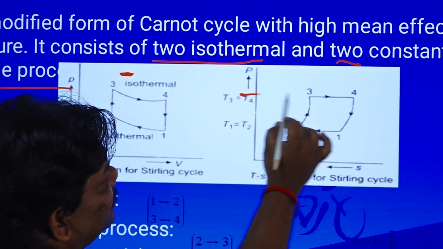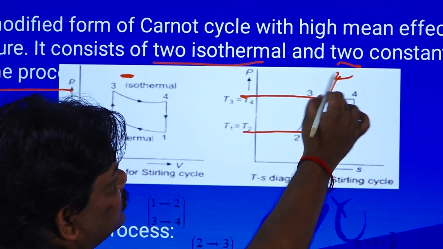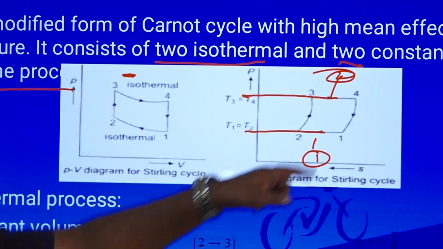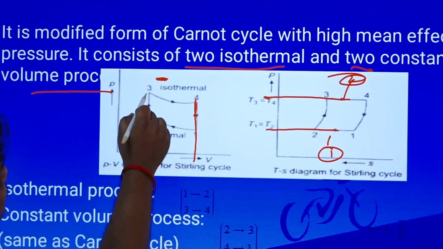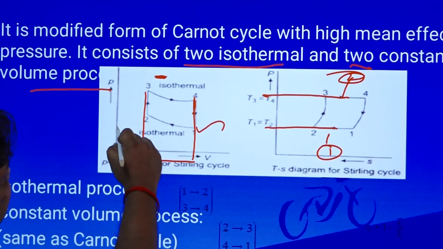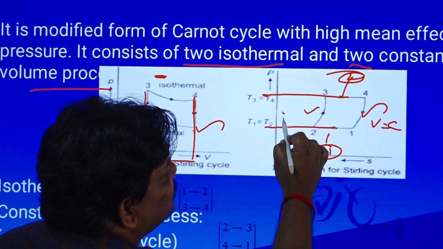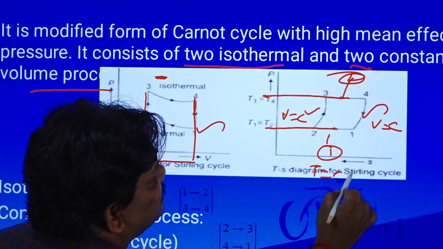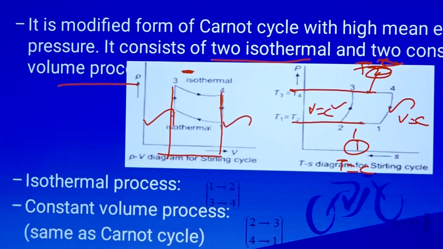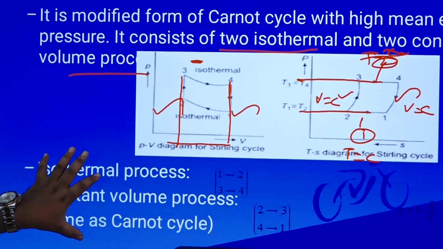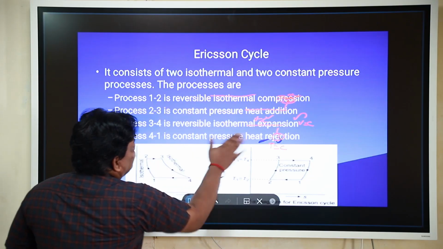You can see that the volume remains constant in these other two conditions, so these are constant volume processes: V is equal to C, V is equal to C. Here it is T is equal to C and T is equal to C. So it is an isothermal process, same as in the Carnot cycle.